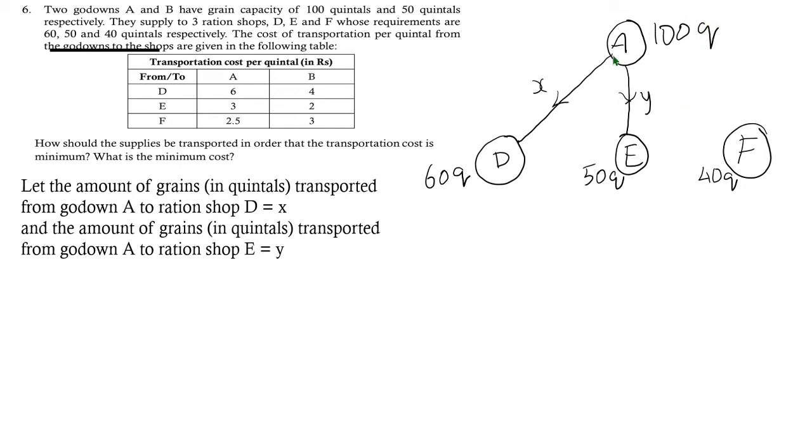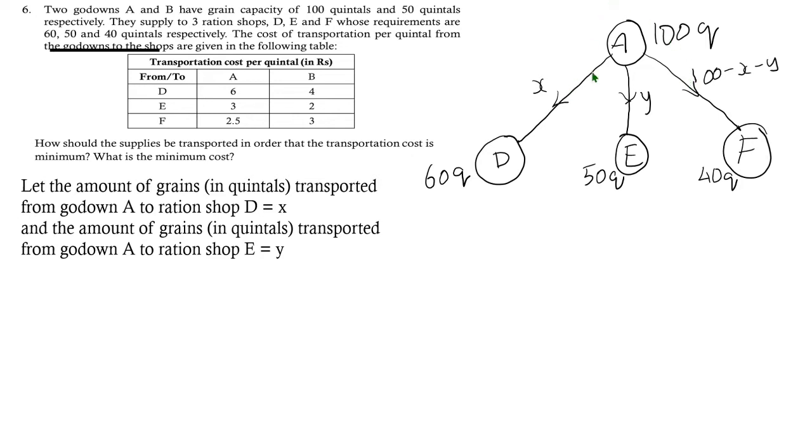So after transporting X quintals to D and Y quintals to E, then A is left with 100 minus X minus Y to transport to F. So it has to transport 100 minus X minus Y. I hope this is clear.